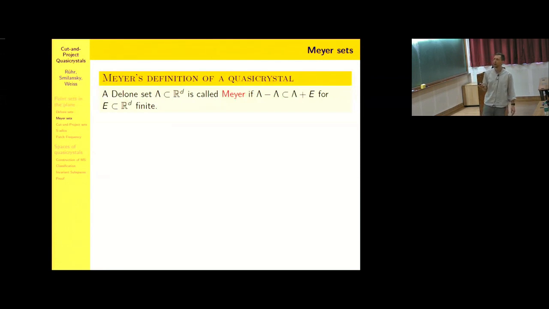Call a Delone set Meyer if the difference set is inside the original set plus some finitely many translations. Obviously he didn't call the set Meyer. He called such sets quasicrystals.